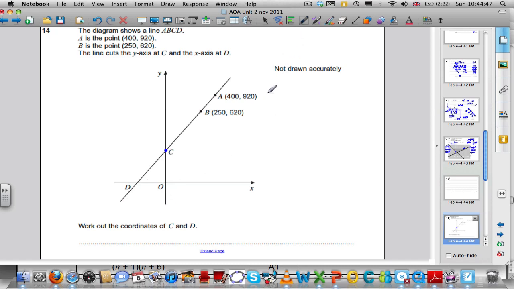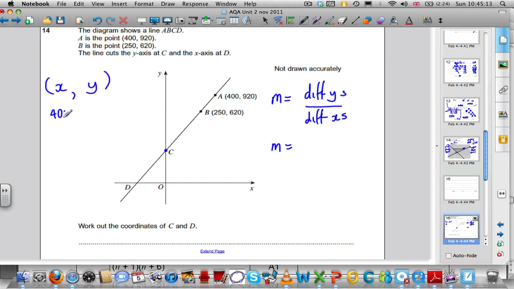Okay, when you see a question like this, the first thing you could probably do is work out the gradient. The gradient m is the difference in y's divided by the difference in x's. So let's write them down on top of each other here. These are our coordinates, 400, 920, and 250, 620.